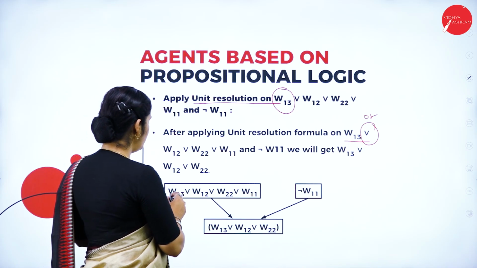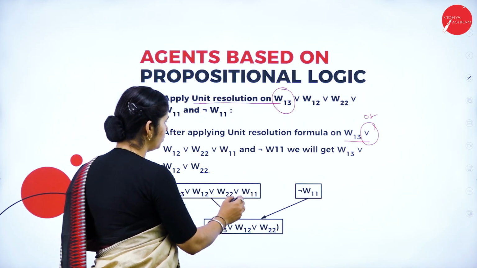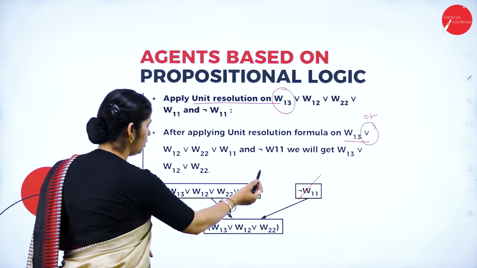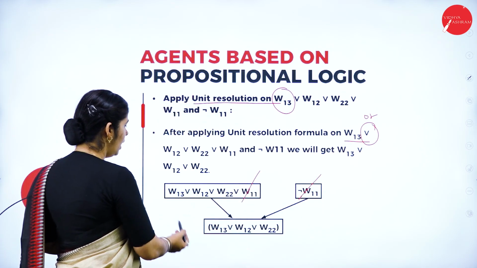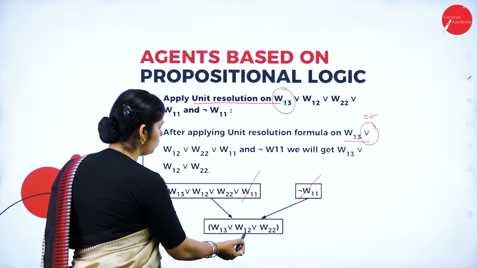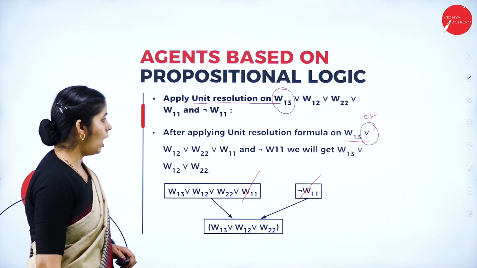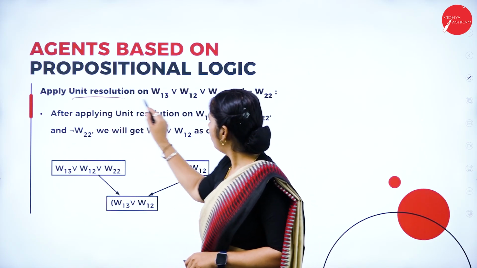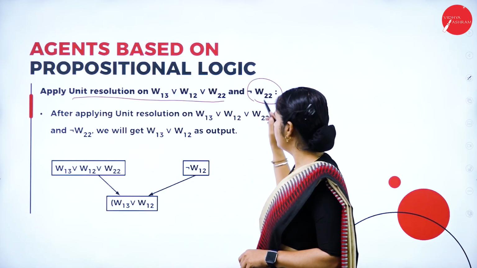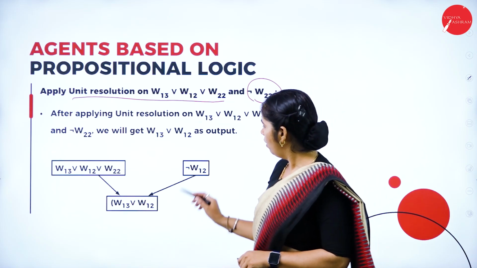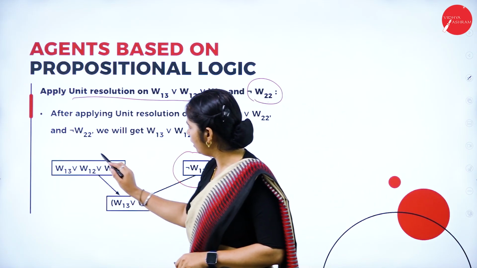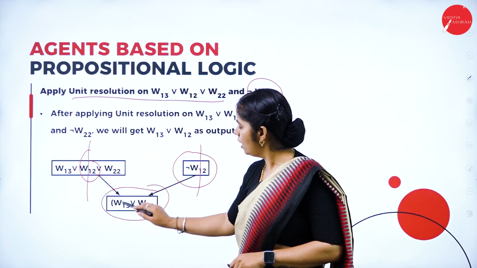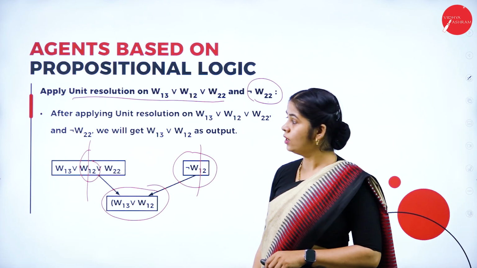So W13, W12, W22, W11: we apply it, and W11 and negation of W11 get cancelled. Then what are we left with? W13, W12 and W22. After this, again we apply the unit resolution formula on the negation of W22, so W22 and negation of W22 get cancelled. What am I left with? I am left with W13 and W12.